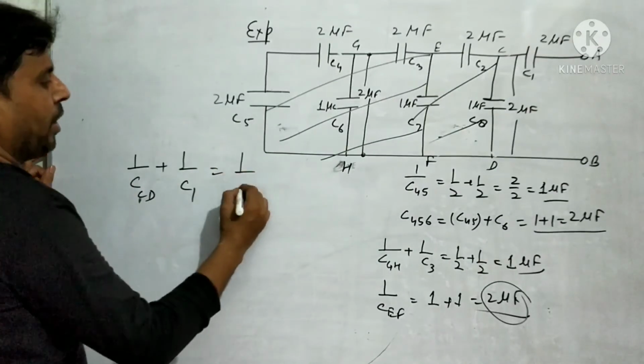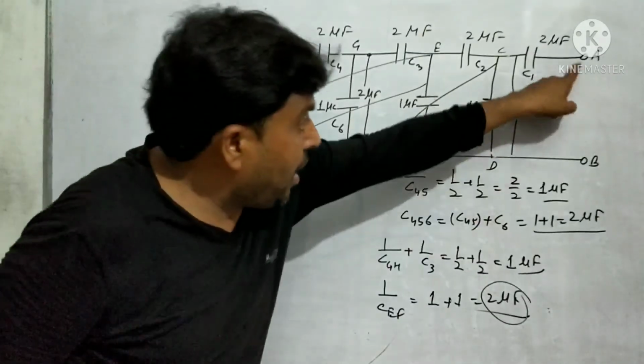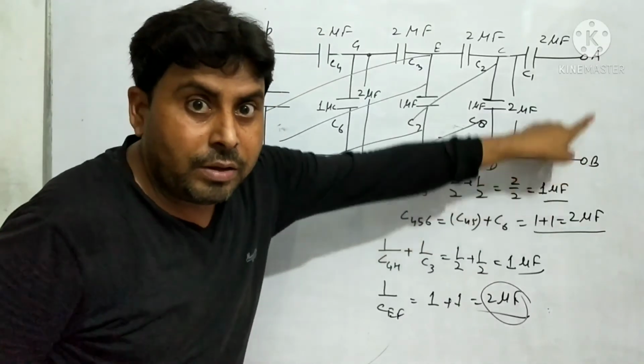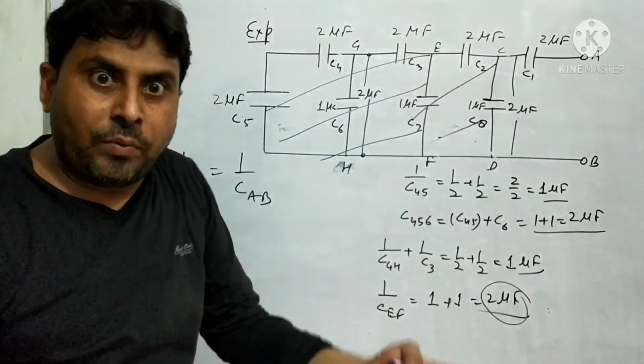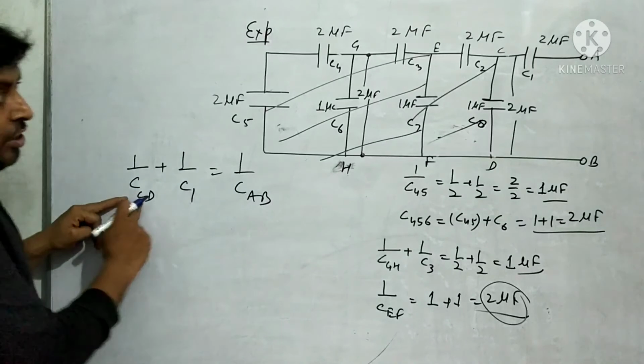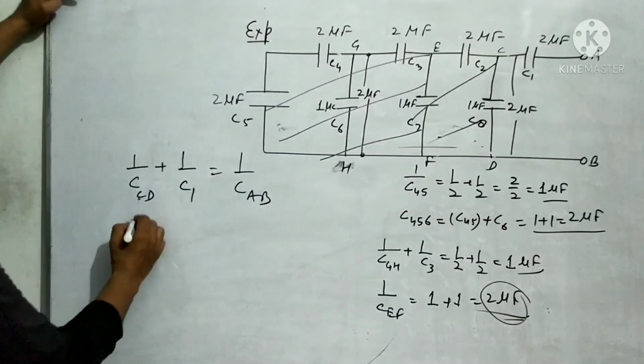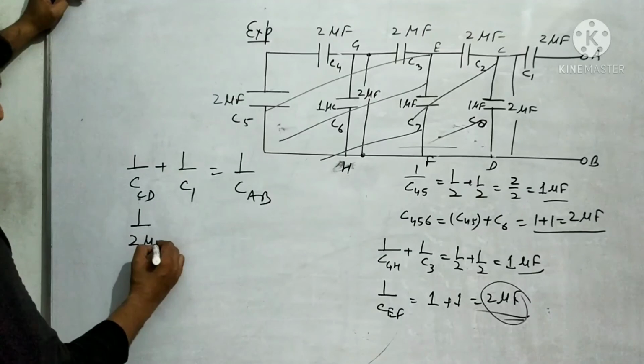It is 1 upon CAB, means A and B. Total capacitance of the whole circuit: 1 upon CAB equal to 1 upon C1 plus 1 upon CD. And CD, that is 2 microfarad. So 1 upon 2 microfarad.